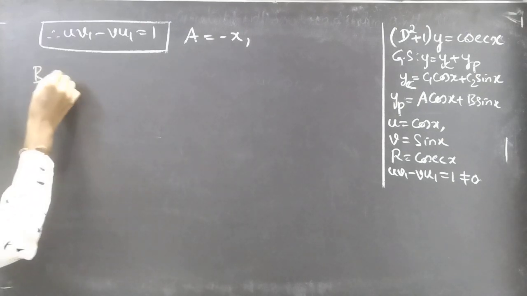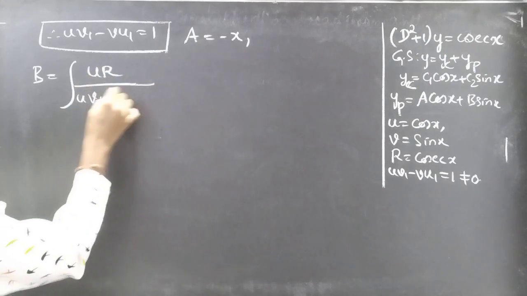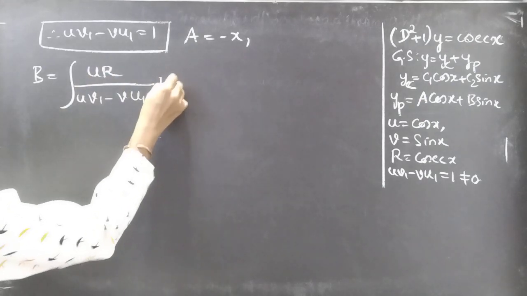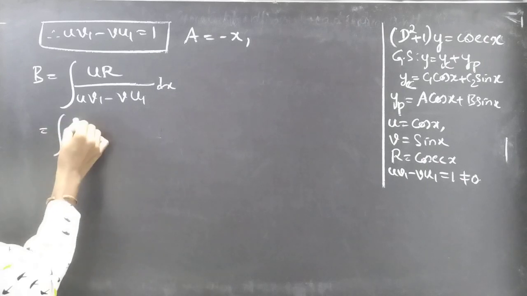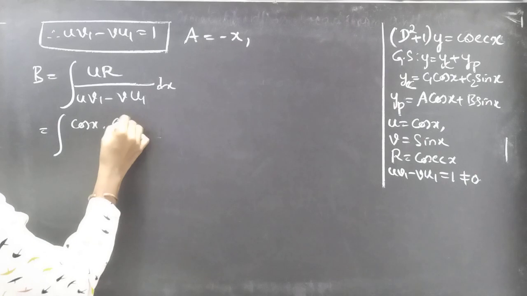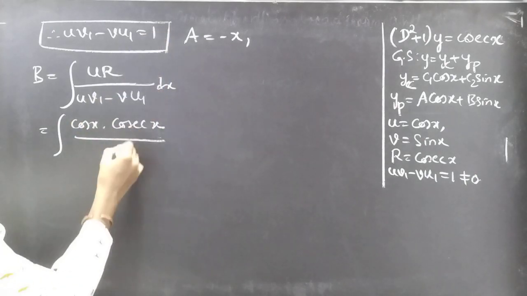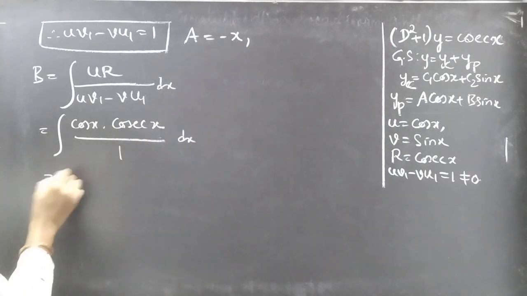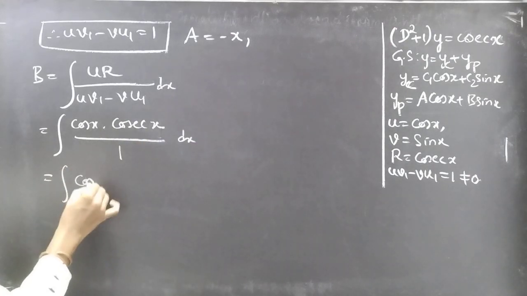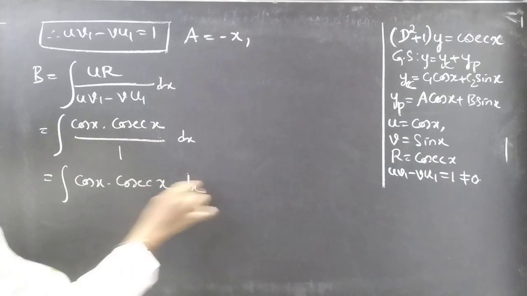B is given by integral u r by uv1 minus vu1 into dx. This equals integral u, cos x, into r, cosecant x, by uv1 minus vu1, which is 1, into dx, which equals integral cos x into cosecant x dx.